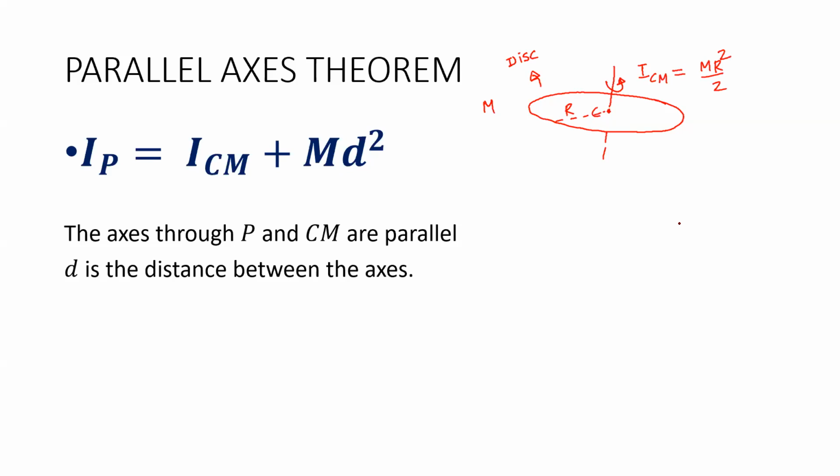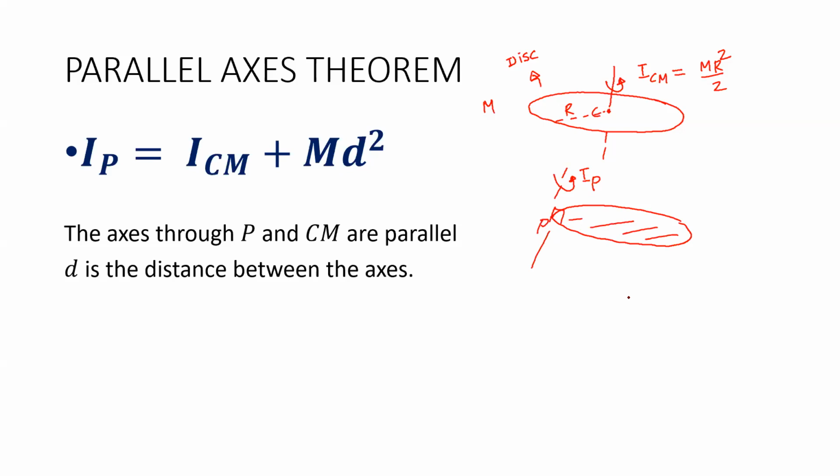Now suppose they ask us, I don't want to rotate about the center. I want to take some point on the edge. Let's say I take a point on the edge, P, and then I have an axis. This axis is still perpendicular to the plane of the disk, but I'm rotating about this axis. Now I don't want to go back and integrate to get the answer.